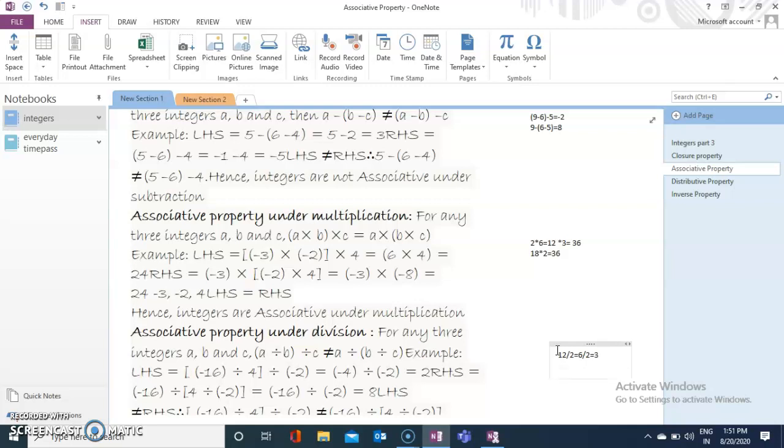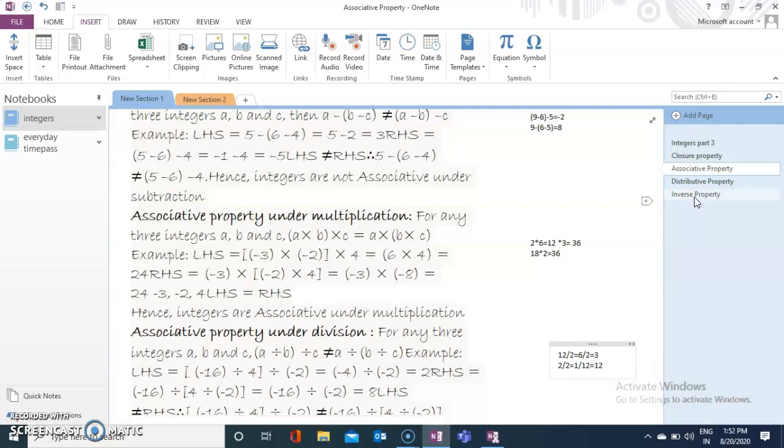But if I put the 12 aside and I just divide 2 by 2, it's equal to how much? 1. But when I divide 12 by 1, it's equal to 12. So LHS is not equal to RHS.